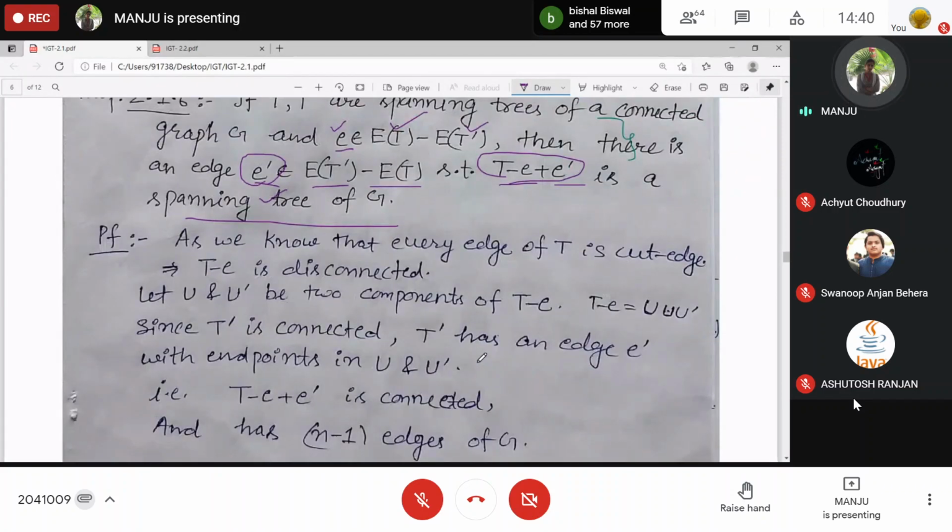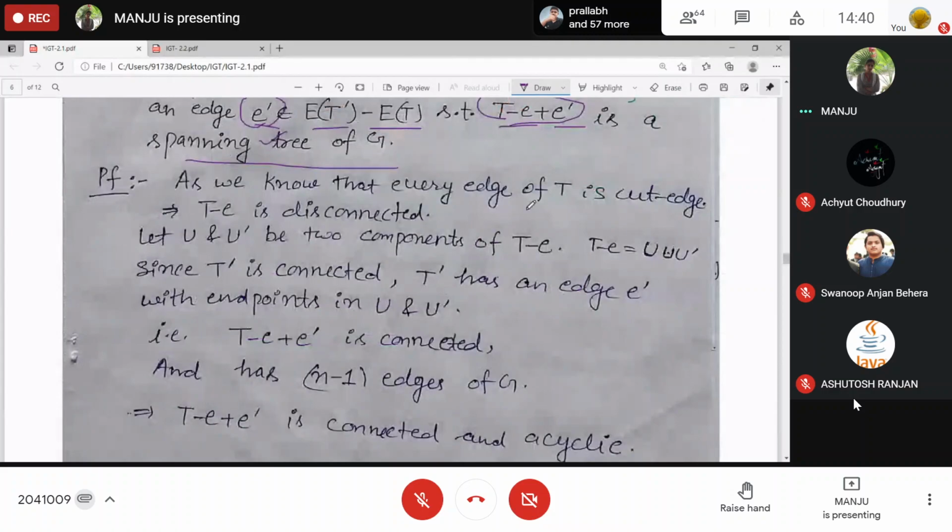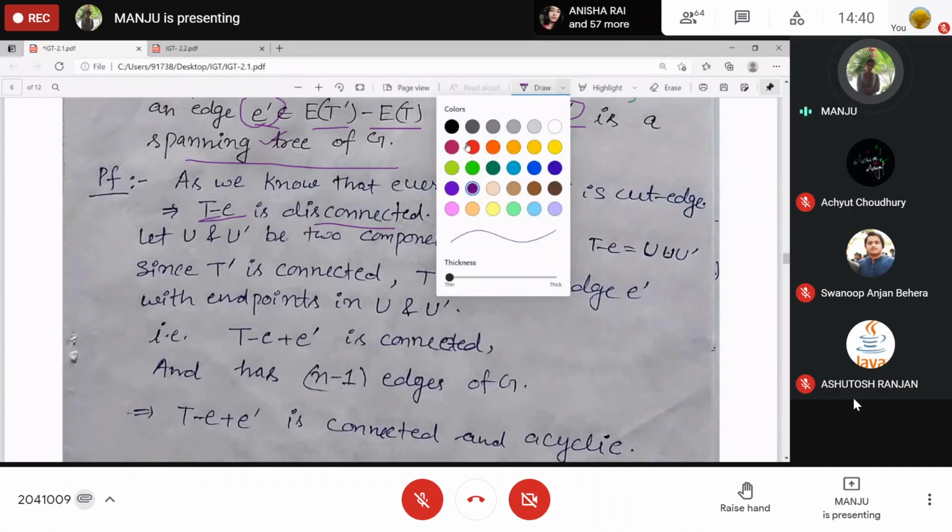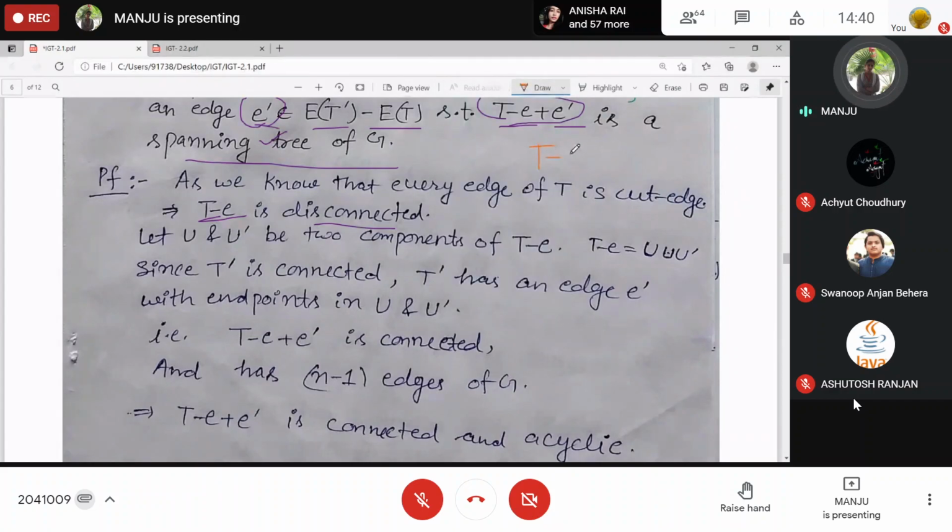How to explain it? Now T minus E will be disconnected. Why is it so? If we are removing it, we need T minus E plus E dash, right? Okay, we need T minus E plus E dash. So T minus E is disconnected. Why?